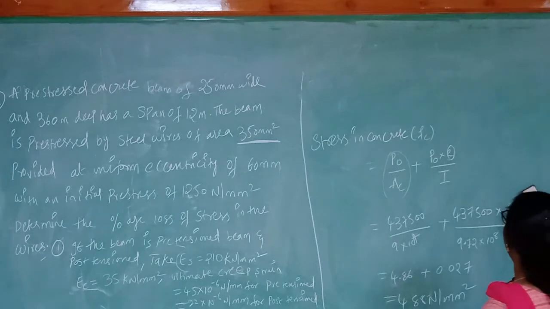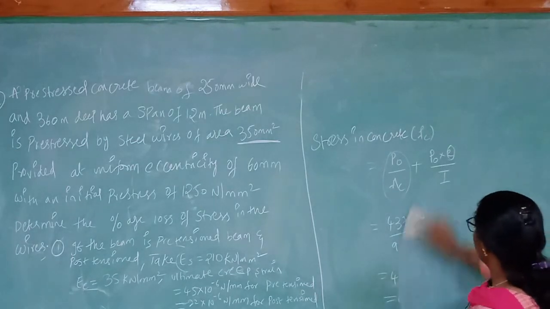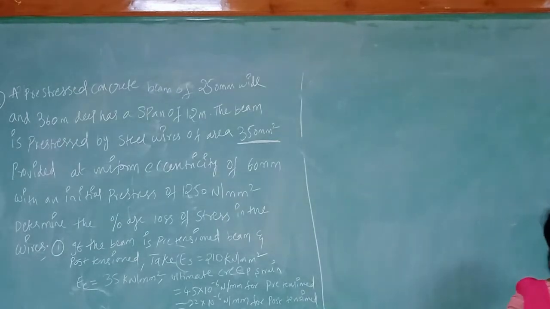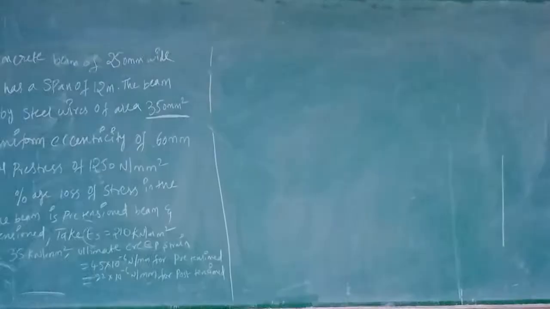After this we need to find out all the losses. What are all the required losses we need to find out here? Now we will find out all the required losses.